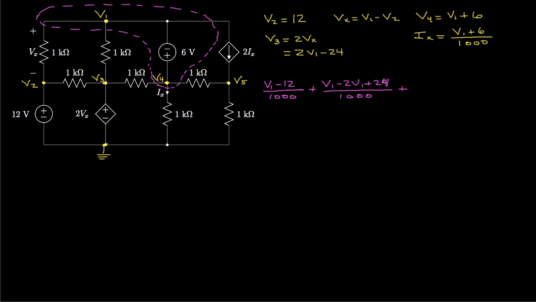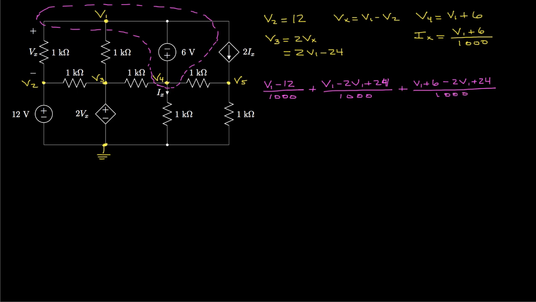Then let's see, we've got V4 minus V3. V4 is V1 plus 6. And V3 is 2V1 minus 24. So we subtract that. And that's all over 1000 ohms.